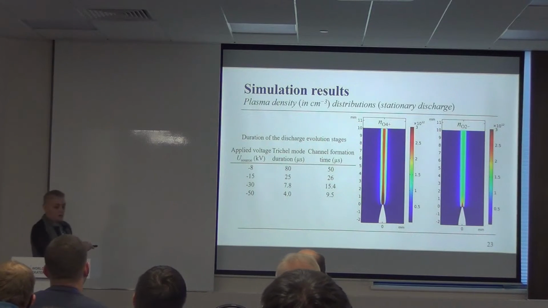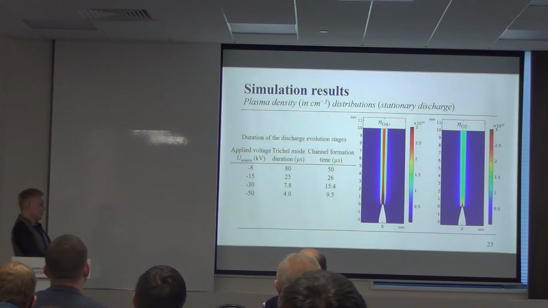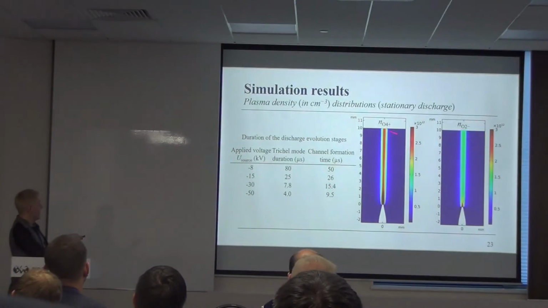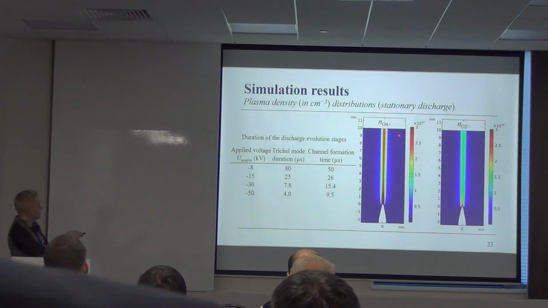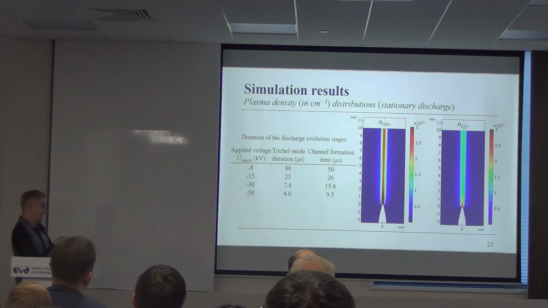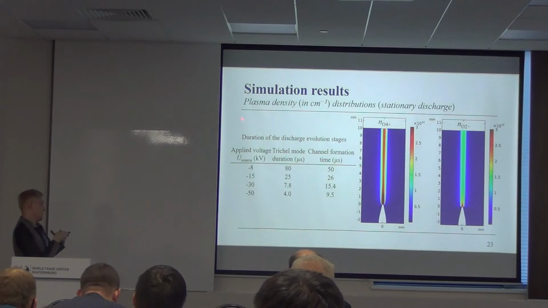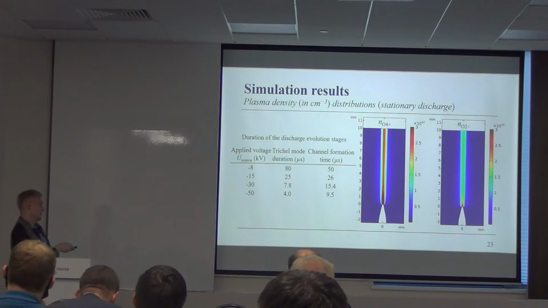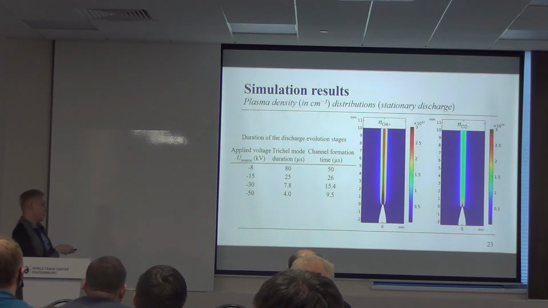Now, after the plasma during the Trichel pulse sequence has filled the diode and reached the anode, the Trichel pulse sequence builds up a plasma background between electrodes, which leads to the formation of a plasma channel.